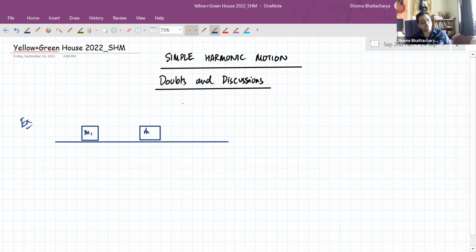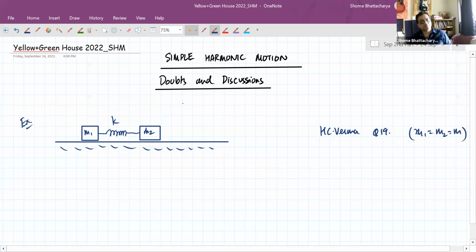We'll take the masses M1 and M2. That particular question 19 of HC Verma had the two masses the same, so we'll take a situation in which M1 equals M2 equals M.